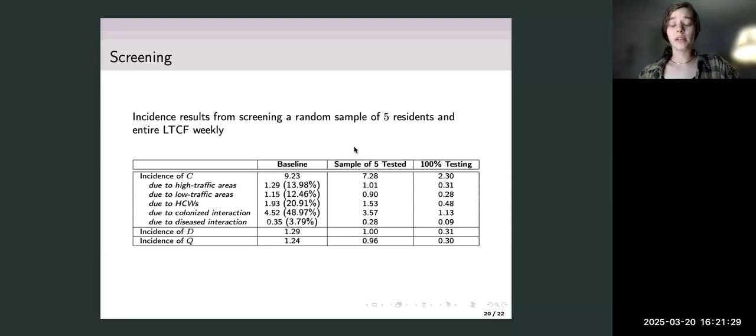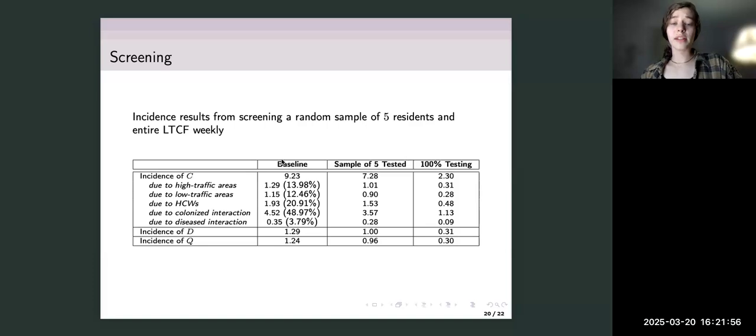So we decided to run some results to see what it would look like to, on a weekly basis, sample 5 residents and screen them to see if any were asymptomatically colonized and quarantine the colonized individuals. And then we have results from doing 100% site-wide testing on the facility and, of course, isolating the colonized residents.